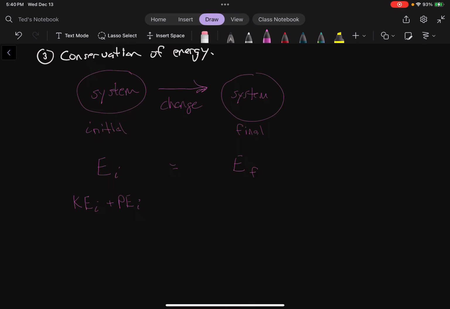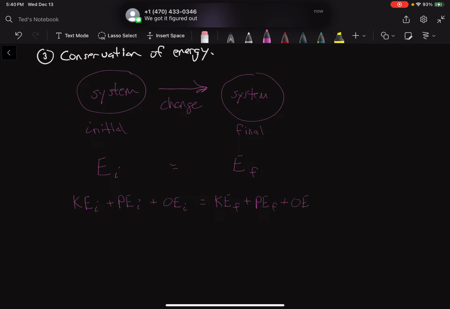But the rule is the kinetic energy plus the potential energy plus the other kinds of energy, and that would include thermal energy and chemical energy and nuclear energy and sound energy and electrical energy and all other different kinds of energy, should equal the total energy, that is the kinetic energy, plus the potential energy, plus the other kinds of energy.